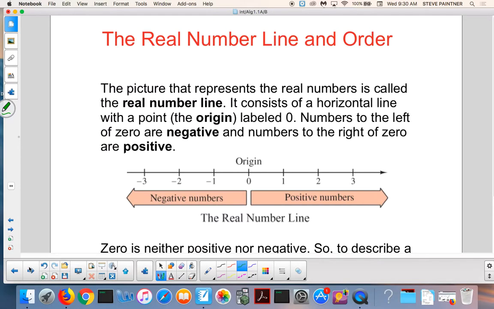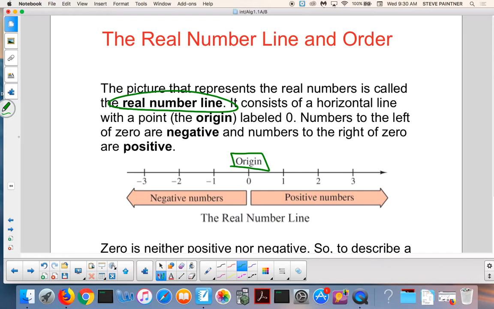Okay, then they start talking about the real number line. I'm going to paraphrase a little bit. You are staring at the real number line. It's just a line, and right where you see the number 0, they call that the origin. The origin to me is, where do I start? I start at 0. To the right of 0 are called positives.